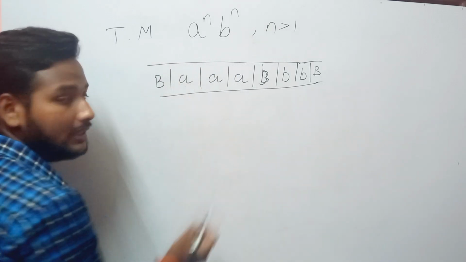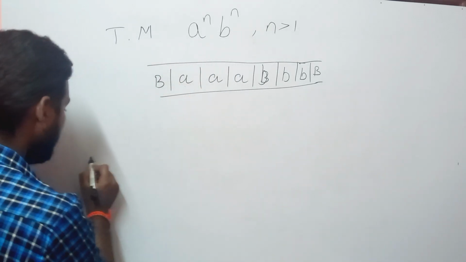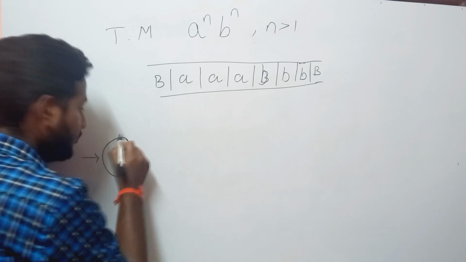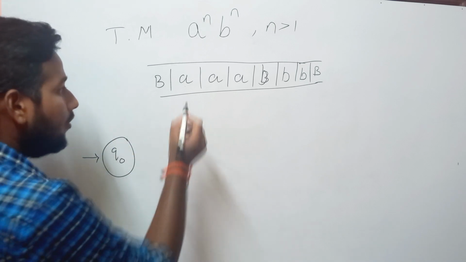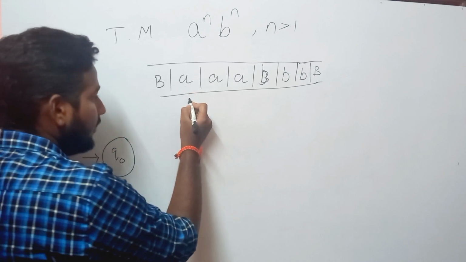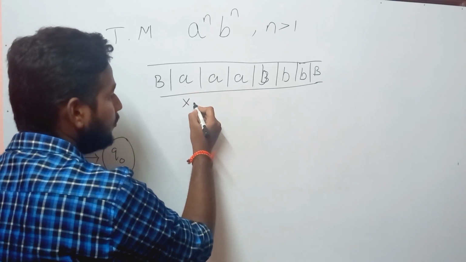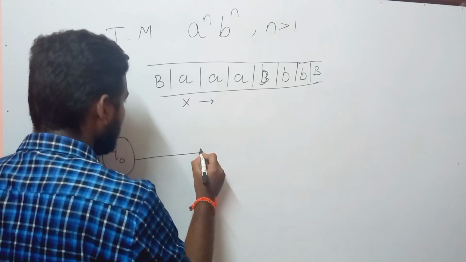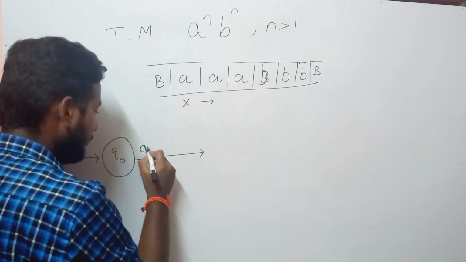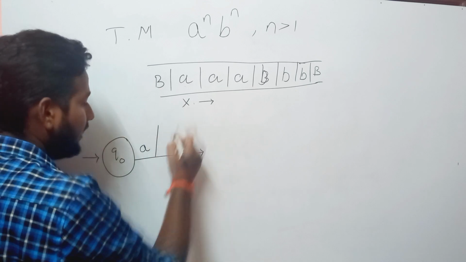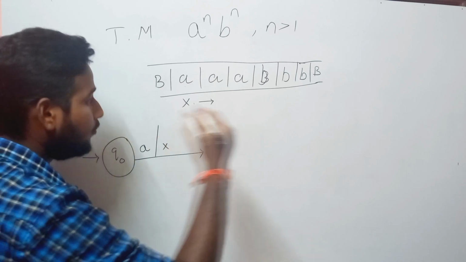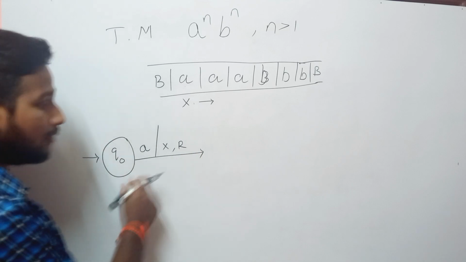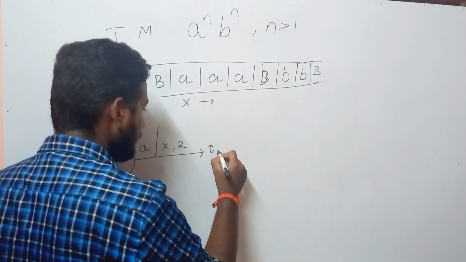First, we read the input as A. Q0 is the initial state. If we read A, then we make this X and move the position rightwards. The state changes from Q0 to Q1.